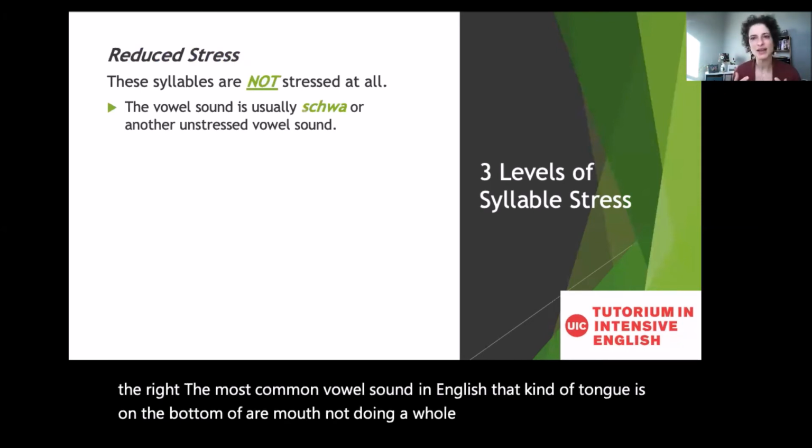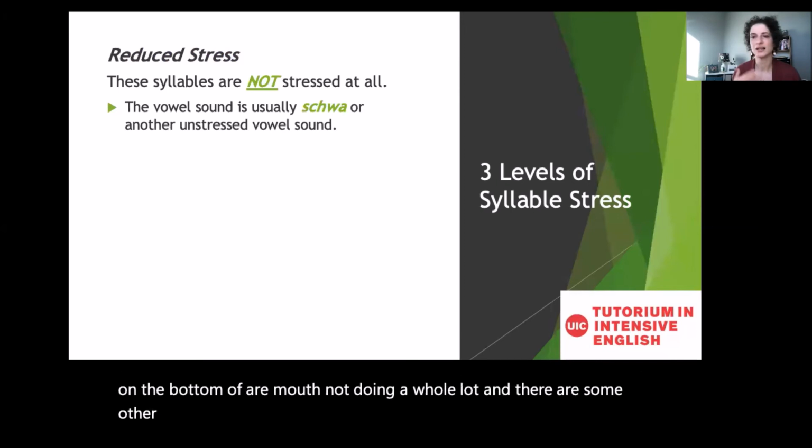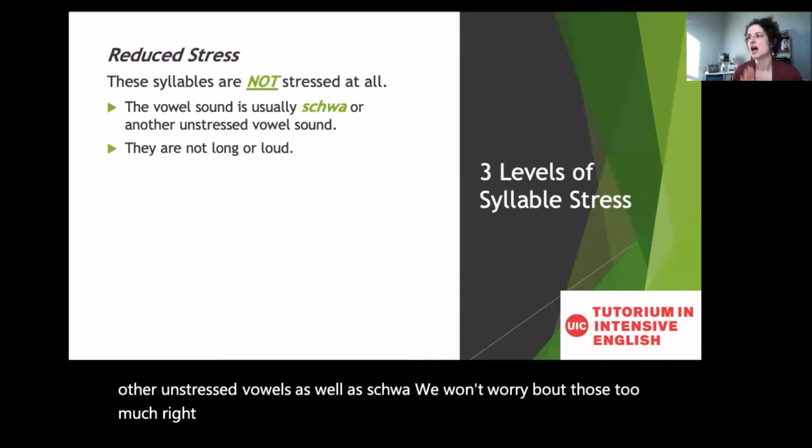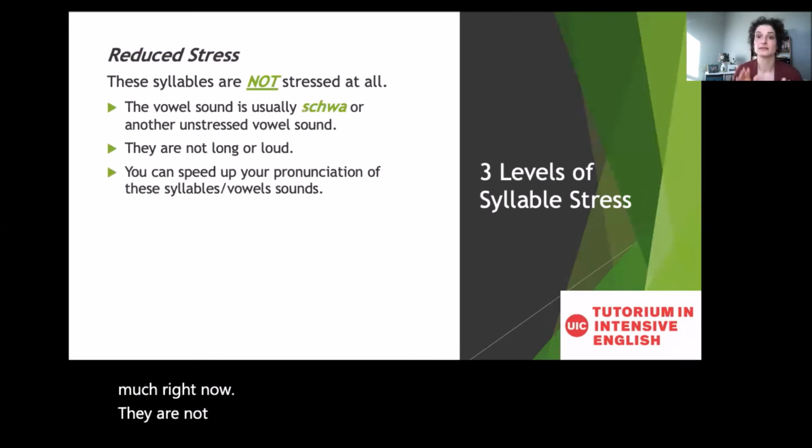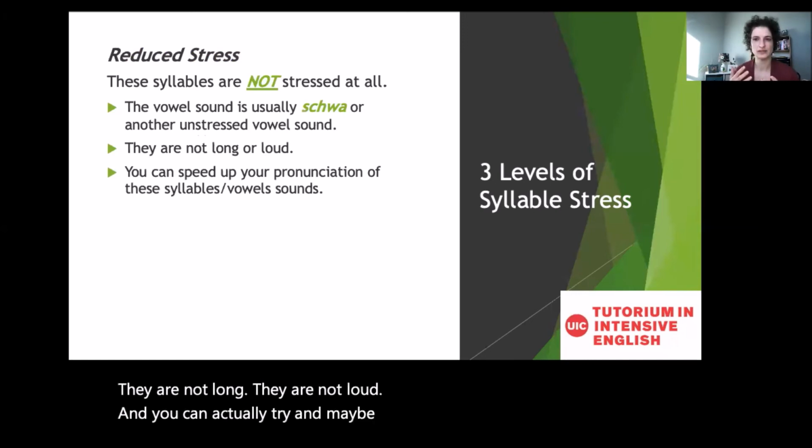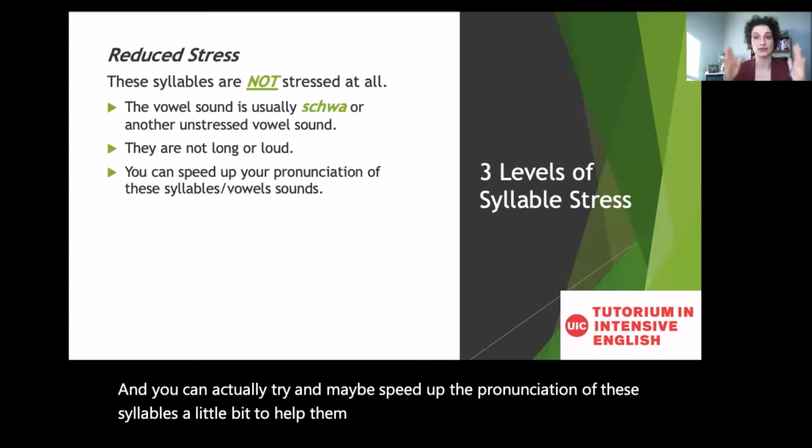And there are some other unstressed vowels as well as schwa. We won't worry about those too much right now. They're not long, they're not loud. And you can actually try and maybe speed up the pronunciation of these syllables a little bit to help them seem shorter and the other syllables longer.